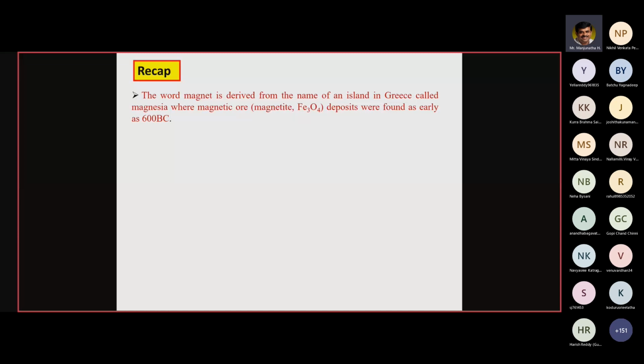They observed that these stones have this property, and that they attract only certain selected metals, like iron and alloys of iron. And this stone will not attract wood or many other materials.